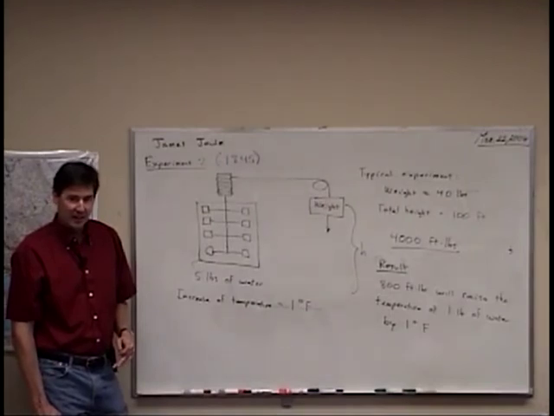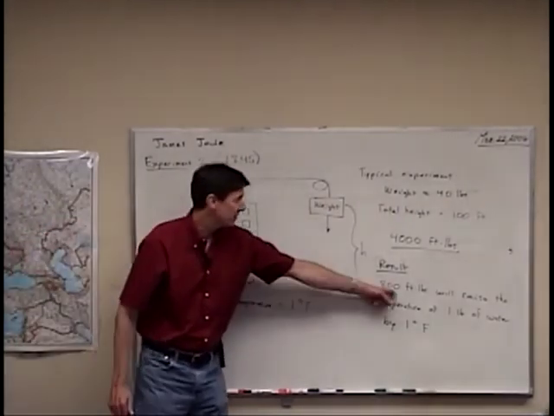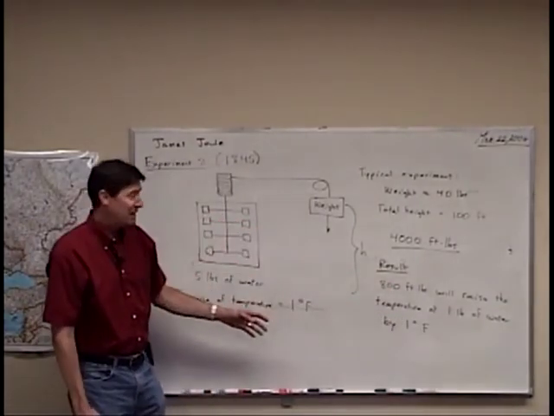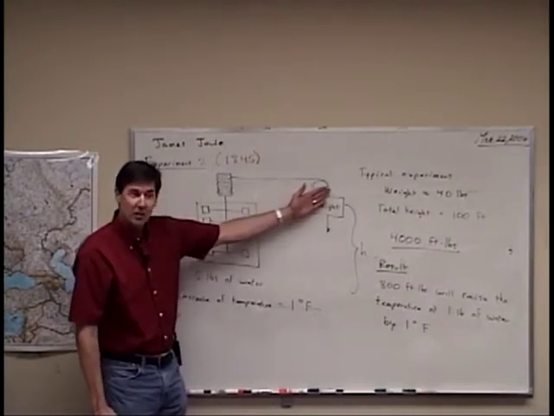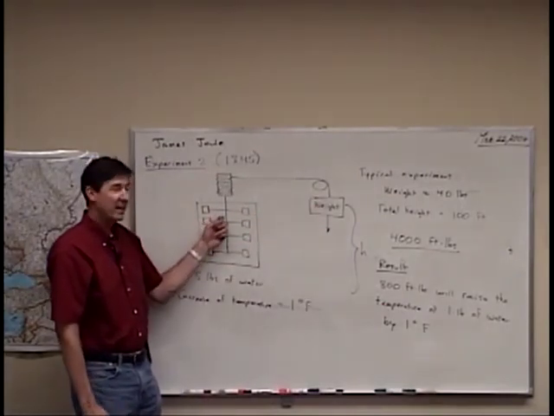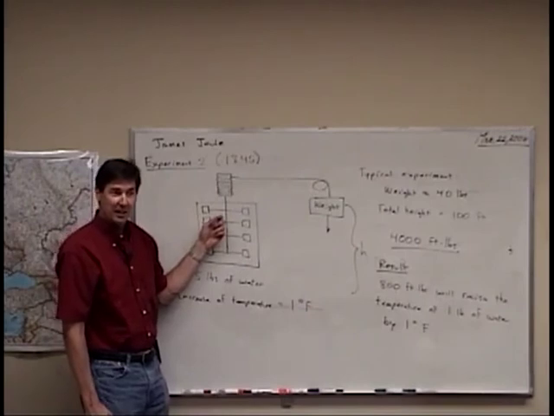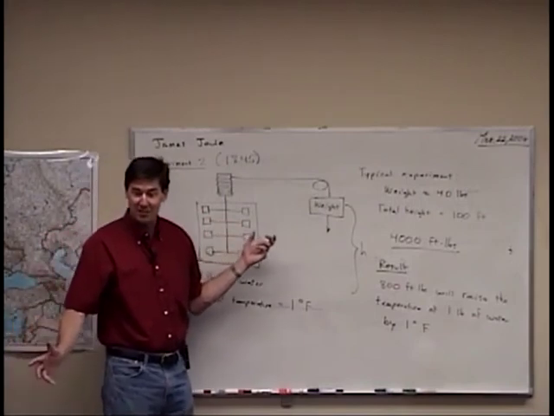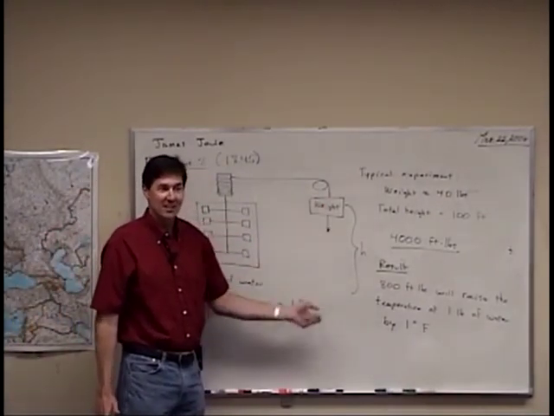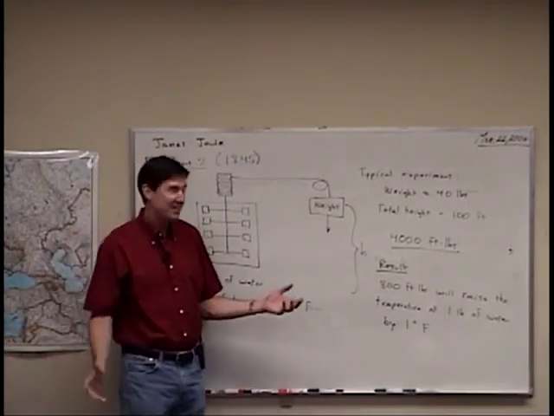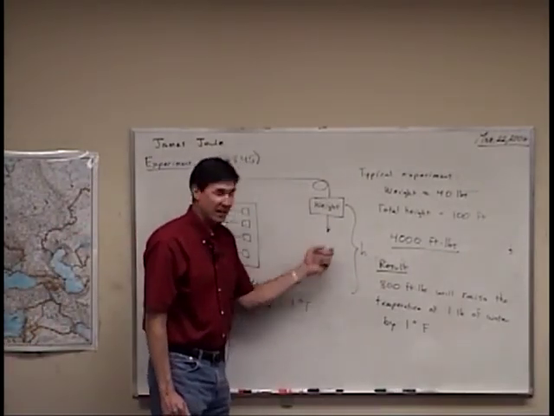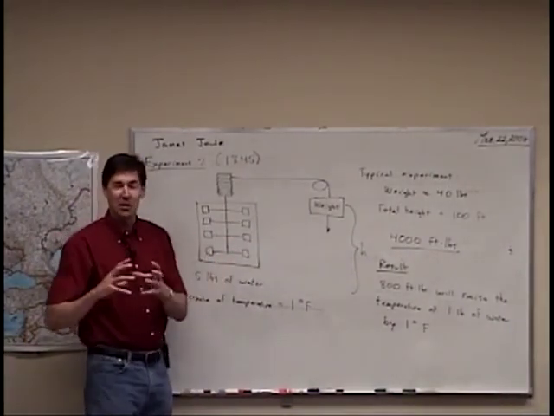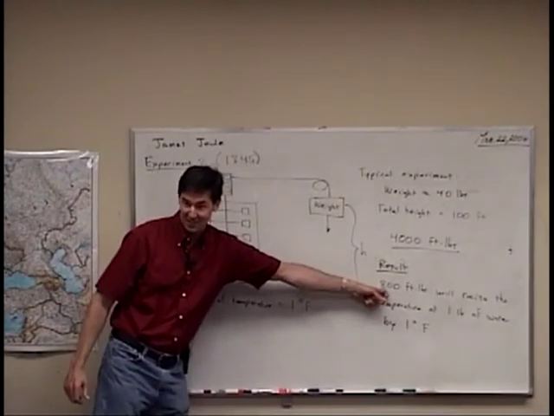Oh yeah, once you have this conversion factor, and you've convinced yourself that it's always the same, then you could use drop weights to heat this stuff up, and calculate the specific heat of the stuff that you're heating up based on how much weight fell through how much height to raise the temperature 1 degree. But right now he has to know the specific heat in advance in order to verify this result.